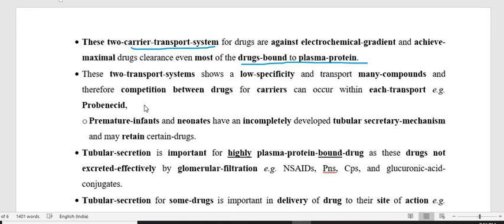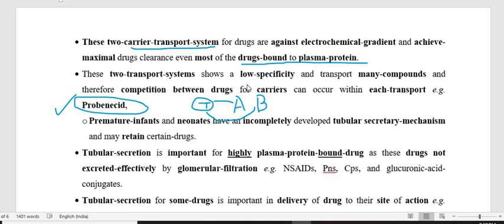Here one drug is very interesting. You have to memorize it and recall it correctly. One drug we call probenecid, and these carrier transporters are non-selective. What does it mean? If you are administering two drugs together, and both are going to be carried out by the same transporter, then either drug A may be carried out first or drug B may be carried out first.